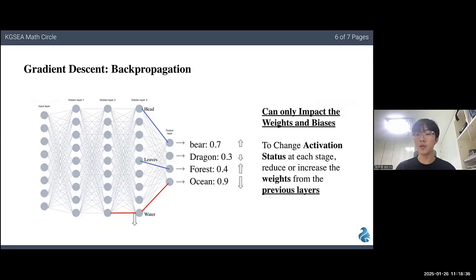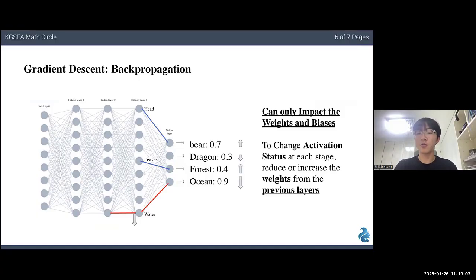For example, bear has to increase a little bit, whereas ocean must decrease significantly to match our desired output. This can be done in two ways. First, to alter the weights of the layer right below, enhancing the relationship between head to bear or leaves to forest, and reducing the prediction of ocean from water.